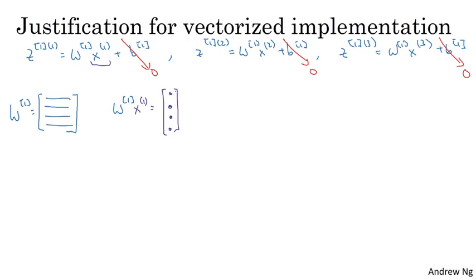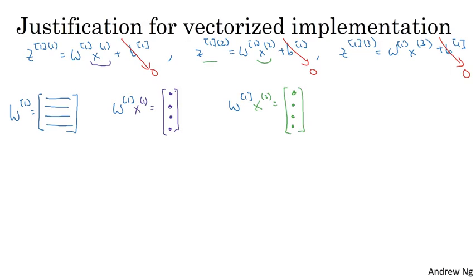And similarly, if you look at this vector x2, W1 times x2 gives some other column vector, and that gives you this z12.